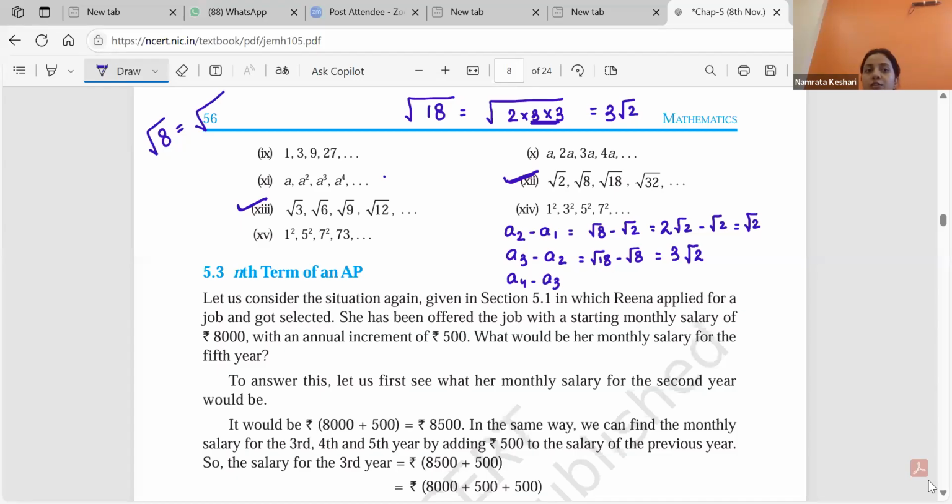Why? Because 8 means 2 into 2 into 2, and you are just taking out a pair. You can see a pair and you are taking this 2 out from here. This way we are able to solve. It's not like I want to take out 2 from here. No, 2 is in pair, hence I have to take out 2 from the root. Making sense?